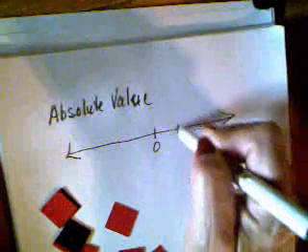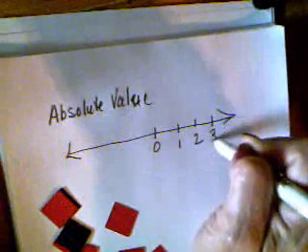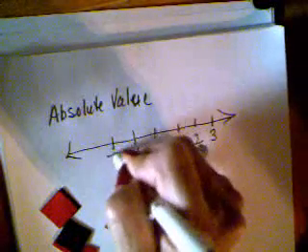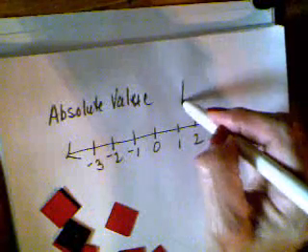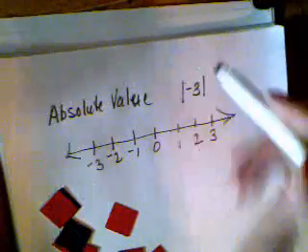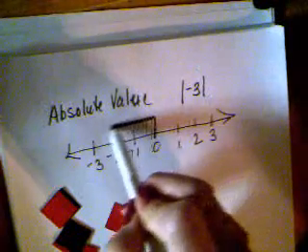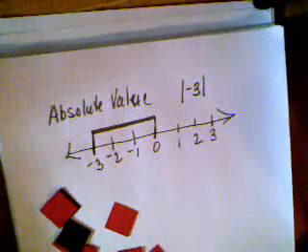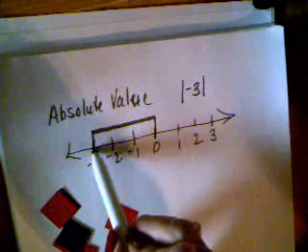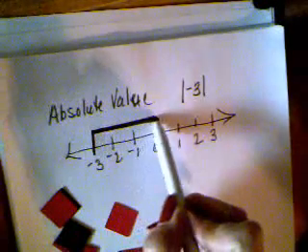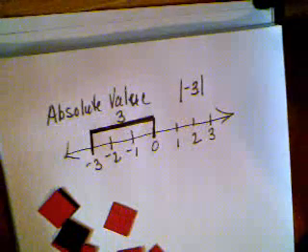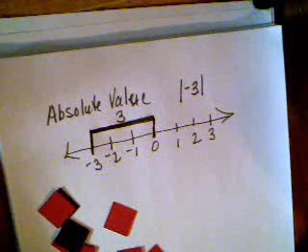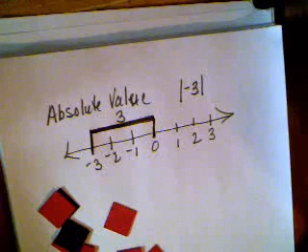If I look at a number line, the absolute value of negative 3 is how far negative 3 is away from 0. Negative 3 is 3 units away from 0, because distance does not have direction.